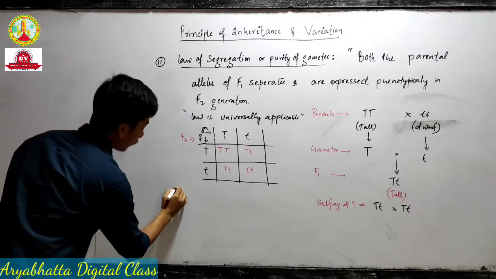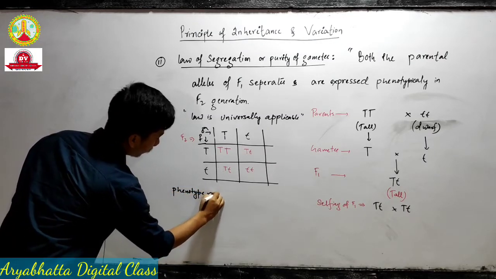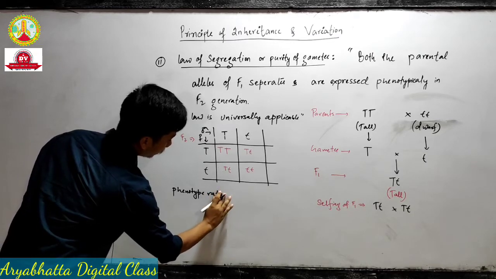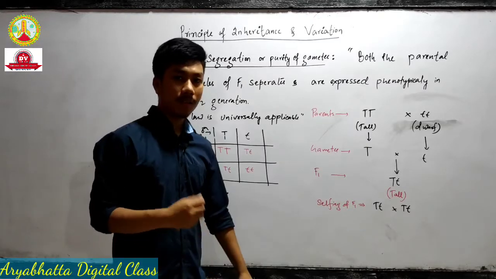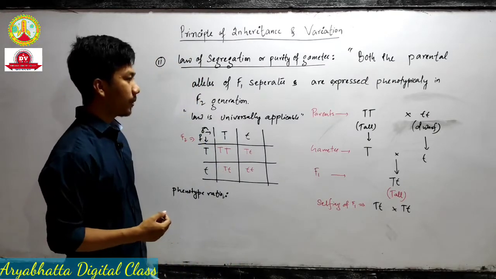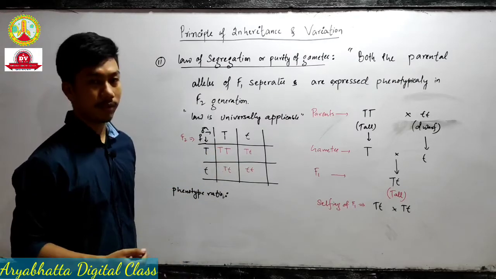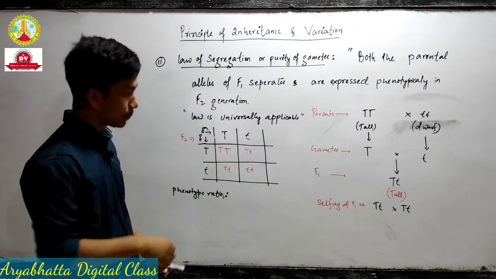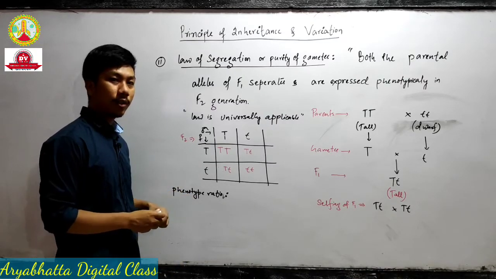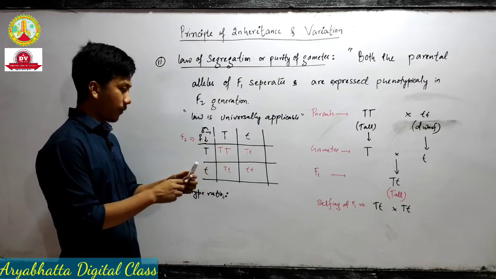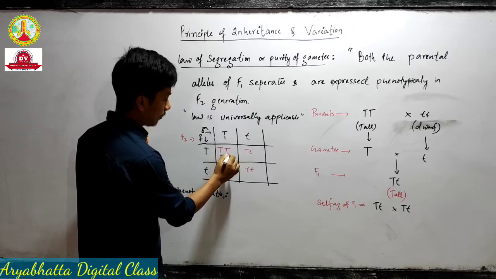Now first, let's find out the phenotypic ratio. Phenotypic ratio means external appearance. So find out how many tall and how many dwarf there are. First find the dominant character. Here we have a dominant, that will be tall.